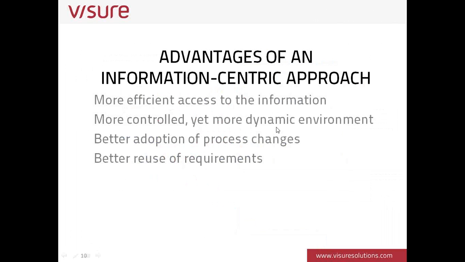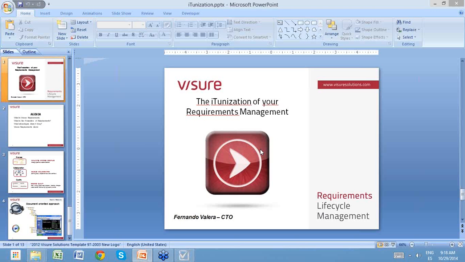Another very important aspect is that we can adapt to changes. So if we have a change in the process, we don't need to rearrange the folders. We just need to rearrange the diagram. And finally, this approach provides a better environment to reuse requirements and create product value. So let's move on to the tool and let's see this working.